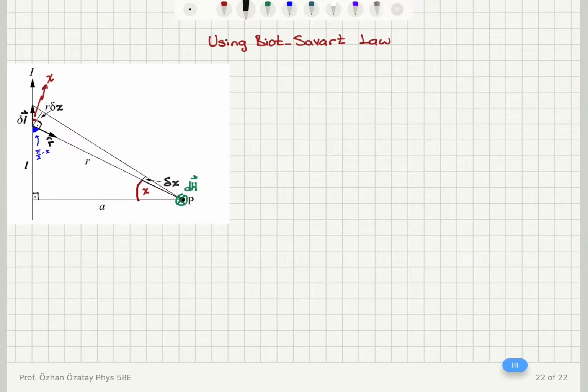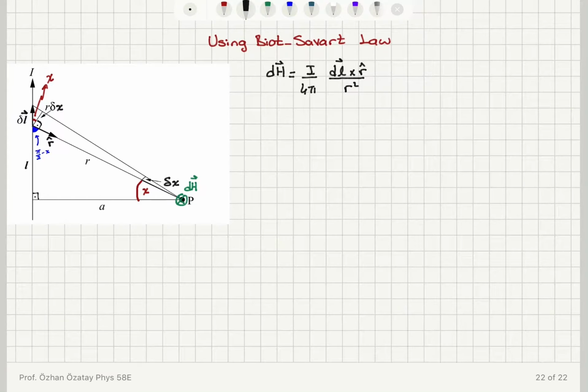Now, Biot-Savart Law says that the magnetic field dH due to a current element is I over 4 pi, dl cross r hat over r square.